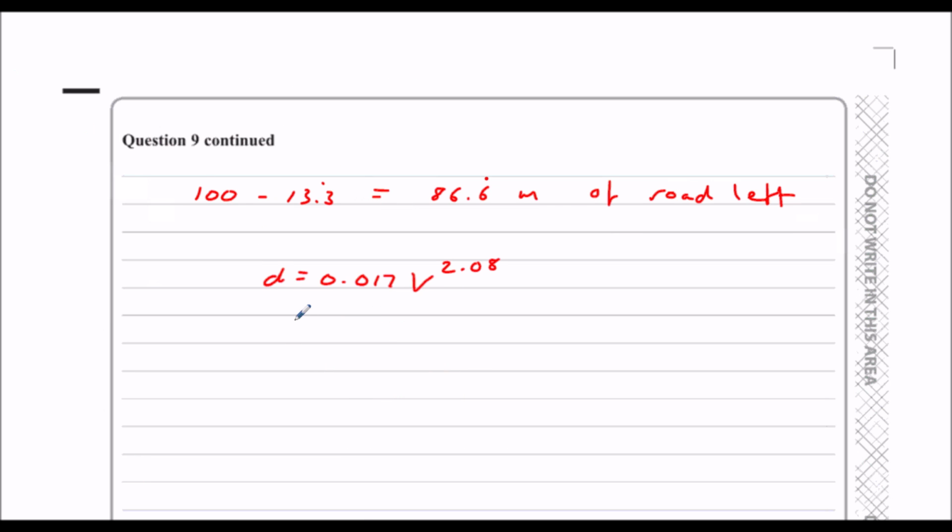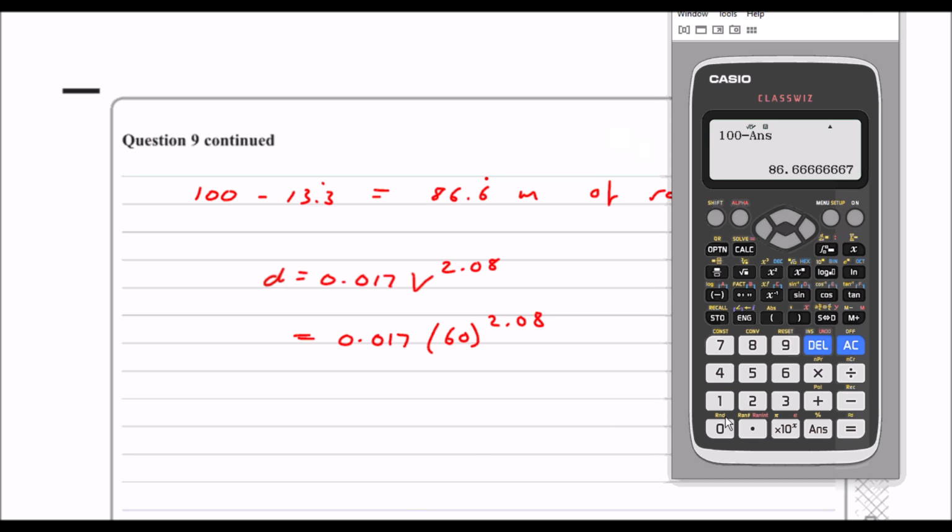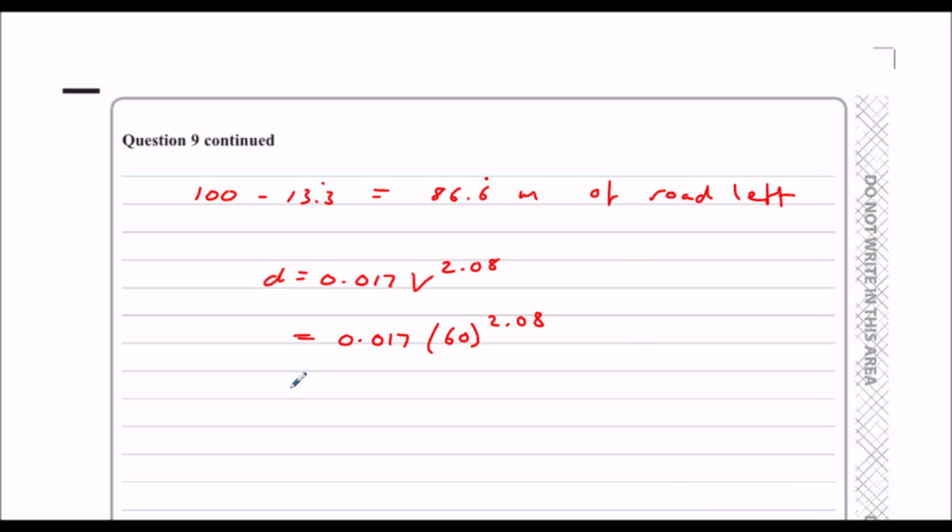So 60 kilometers per hour, 0.017 times 60 to the power of 2.08. That's 84.9 meters.